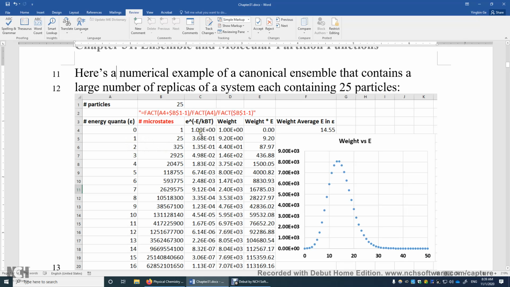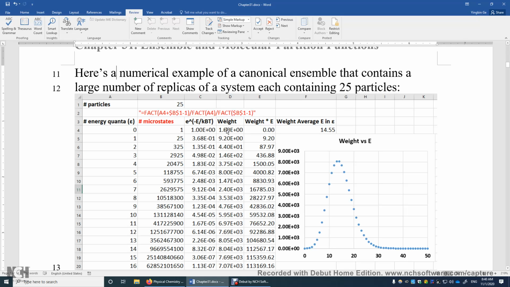However, if you look at the number of microstates, when there is 0 energy, you have the fewest number of microstates. So really, there are 2 factors we need to take into account when calculating the weight of the replicas with different energies.